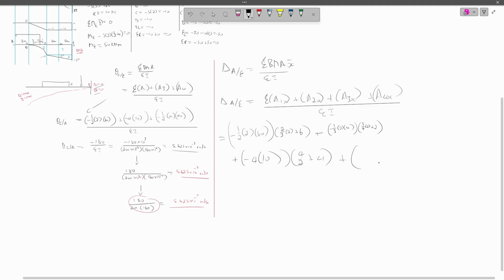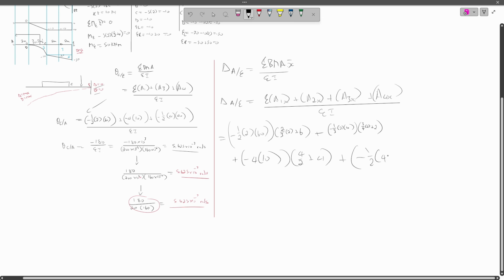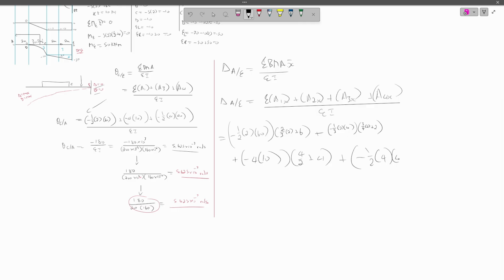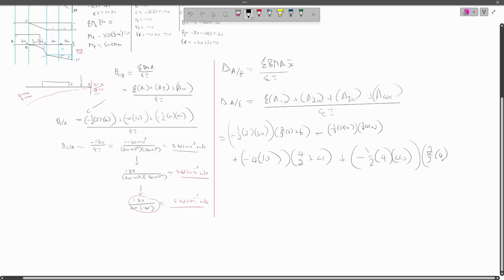And then plus our shape 3, which is minus 1 over 2 times 4 times 40. And then our centroid is also going to be 2 over 3. Our base is 4, plus the remaining distance, which is also 4.